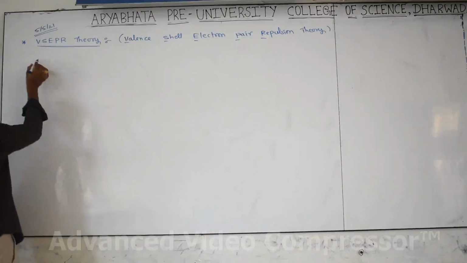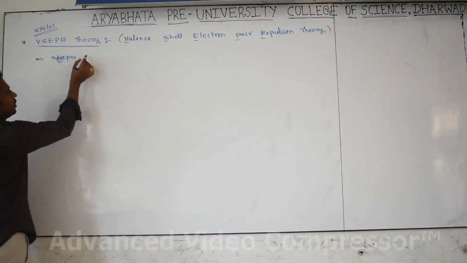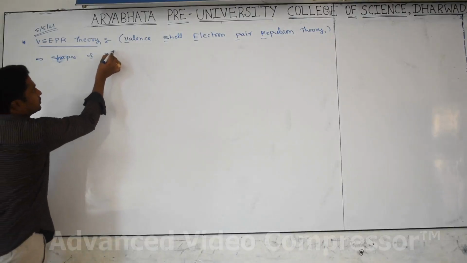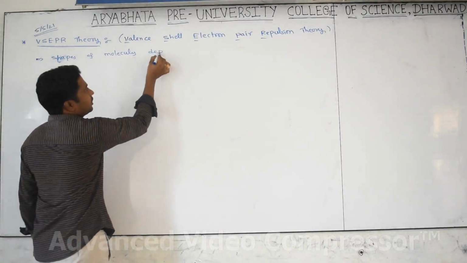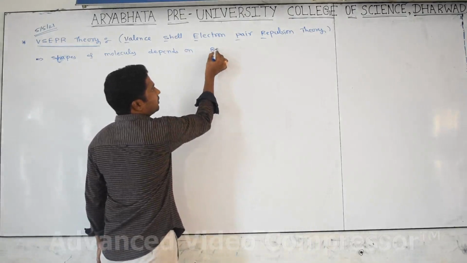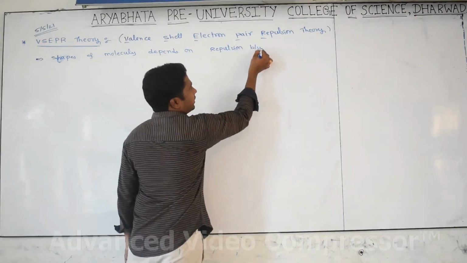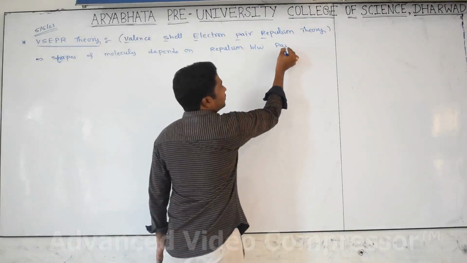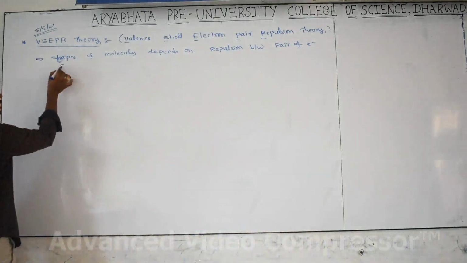See, the first point is nothing but: the shapes of molecules depend on the repulsion between pairs of electrons around the central atom.